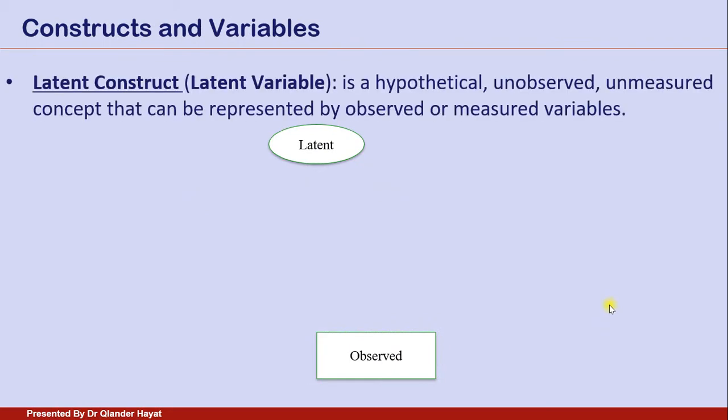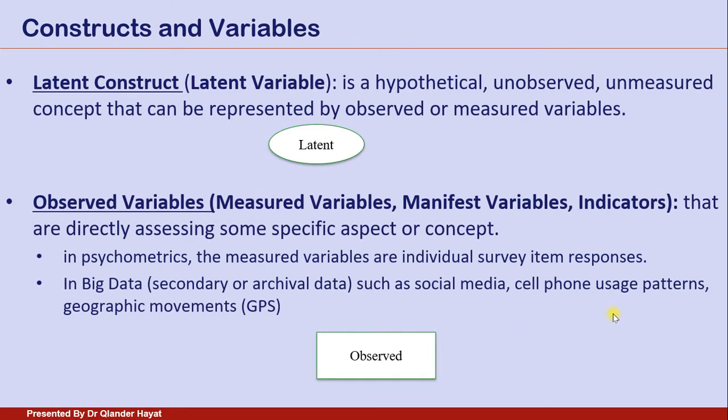Now comes the basic concepts of SEM. There are two types of variables in SEM. First is known as the latent constructs or latent variables. These are the hypothetical, unobserved, unmeasurable concepts that can be represented by observed or measurable variables.